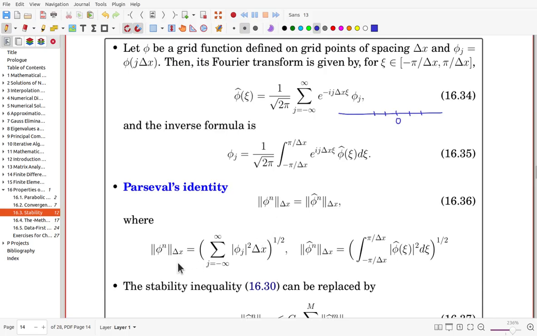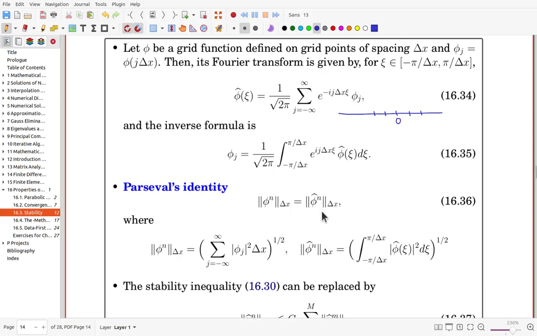And here we already defined it this way. In the physical domain, the energy norm is given in this way, and in the frequency domain, this is the integral over this interval of this function squared. So it is the L2 norm, basically, and only the interval is chosen in this way.